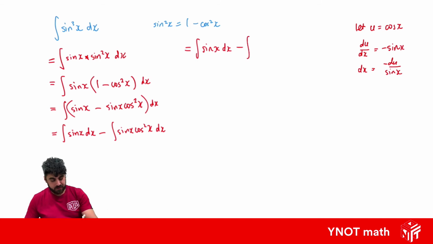So we're going to get minus the integral of sine x. Now, cos x we let equal to u, so we're going to have times u squared. And dx we know is going to be minus du over sine x. The sine x's will cancel out. The negative here we can take outside the integral, and this will turn positive.